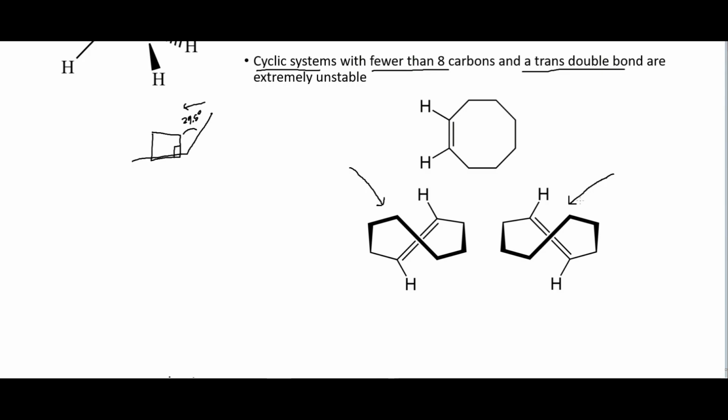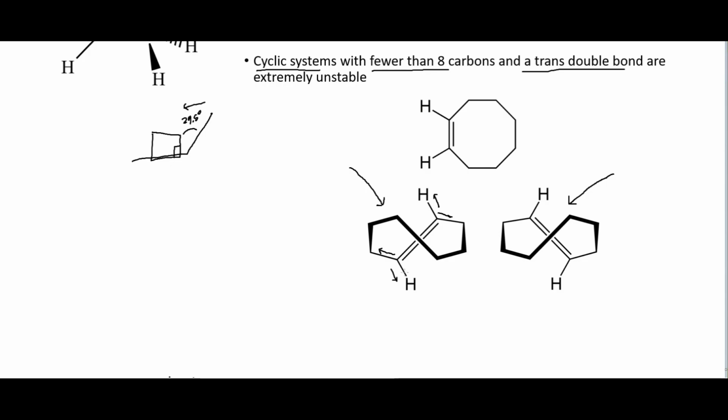So if we tried to bend a 7, 6, or 5 member ring like this, by having these trans bonds. So remember, it's trans, so this is coming off of that double bond in the opposite direction of this other high priority one. You can also see it with the low priority, this hydrogen coming off in the opposite direction of that hydrogen.